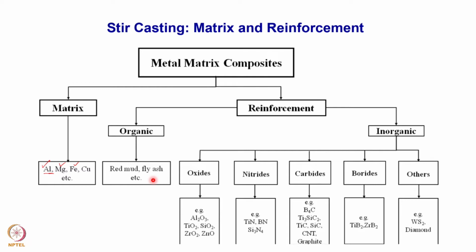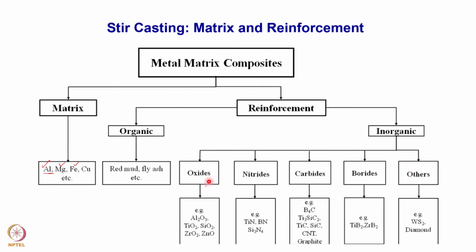So if you have this kind of materials in the form of particles, they can be used as organic reinforcement in metal matrix composites. But the commonly used ones are these, the inorganic ones, and in this you have oxides, nitrides, carbides, borides, and some other materials also.